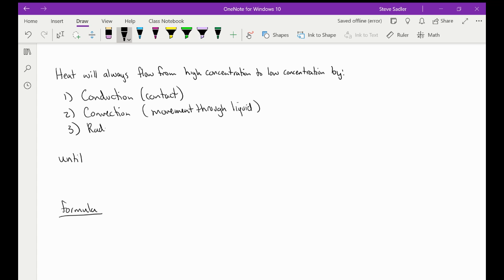And radiation, where no medium is required. And this will happen until thermal equilibrium is achieved.